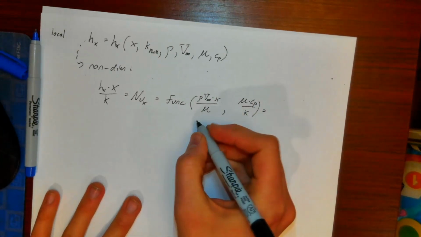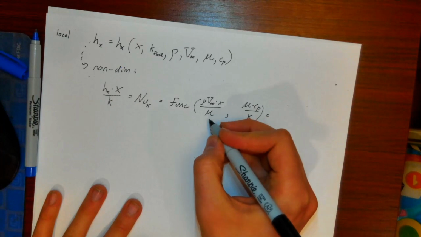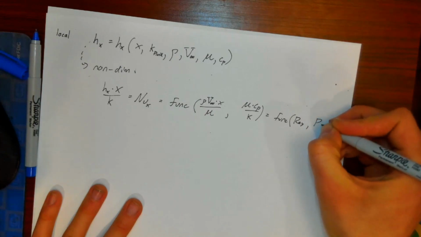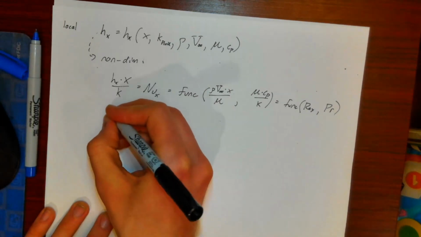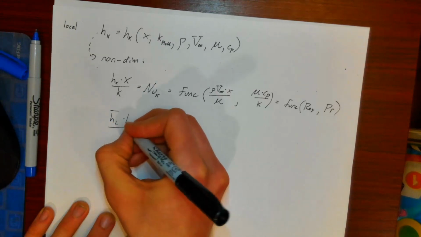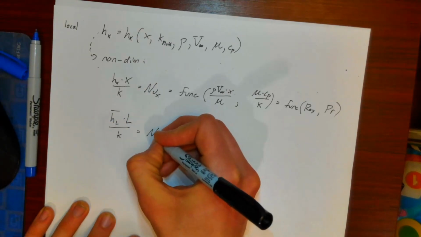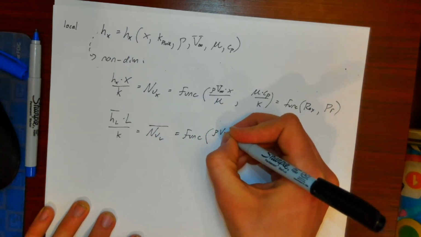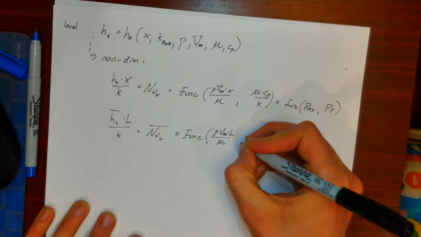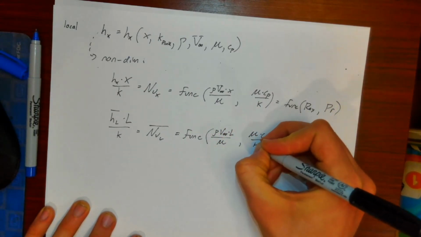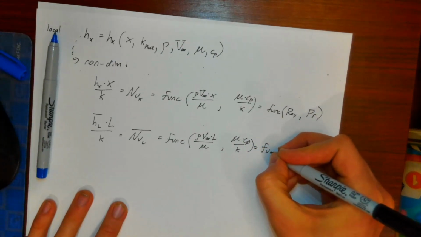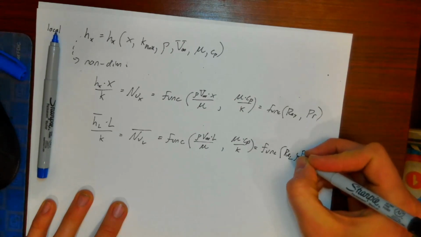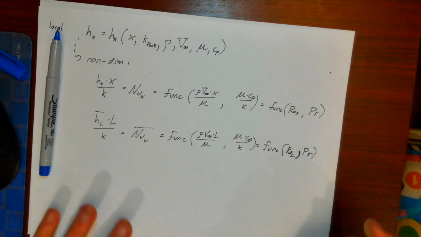Alternatively, this is our Nusselt number, this is our Reynolds number sub x, and this is our Prandtl number. We could do similar arguments for the averaged Nusselt number, h bar sub L times L over k, equal to Nu bar sub L, which is a function of rho v infinity L over mu and mu Cp over k. This would be a function of Reynolds number sub L and Prandtl number. Not the product of these two, just a comma separating them.